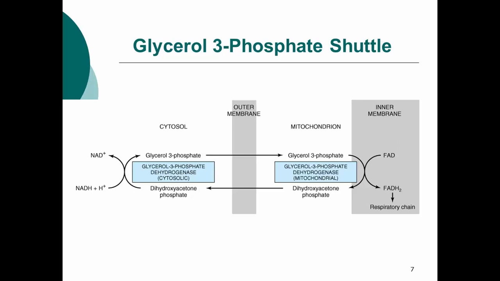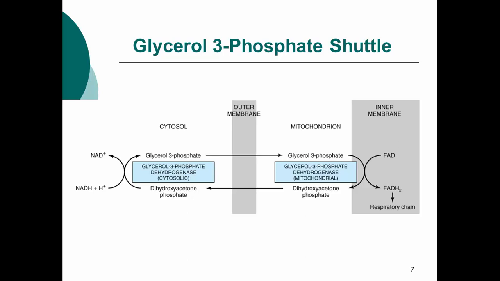So that needs a shuttle to help transport the electron from NADH to the equivalent molecules in the mitochondria. Different types of cells have different shuttles. In general, we have two different types of shuttles.